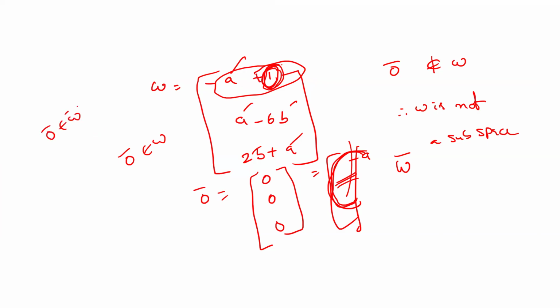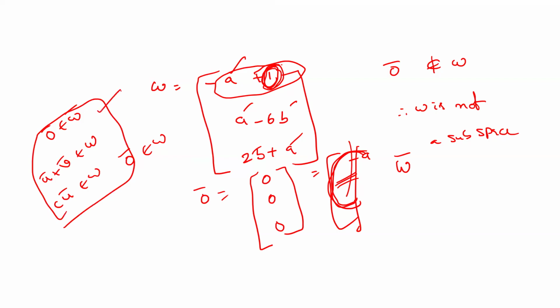One is that the zero vector belongs to W. Two, the sum of vectors u + v belongs to W, and three, c·u belongs to W. If these three conditions are satisfied, W is a subspace. Or you can write W as the linear combination of two vectors V1 and V2, that is the linear span of V1 and V2. Then also we can say that W is a subspace. Okay, next.